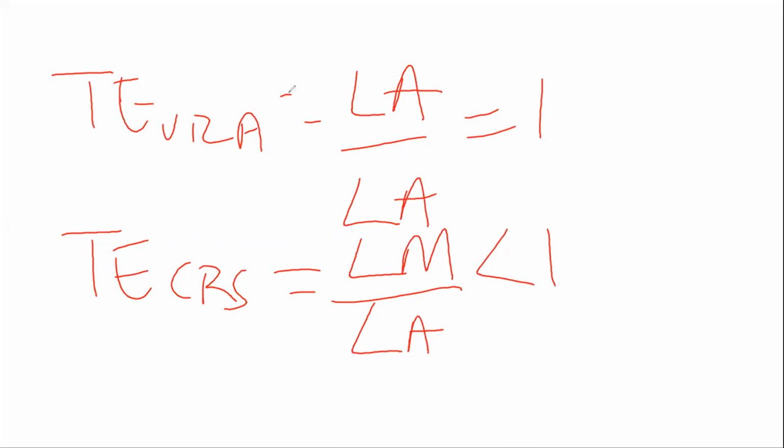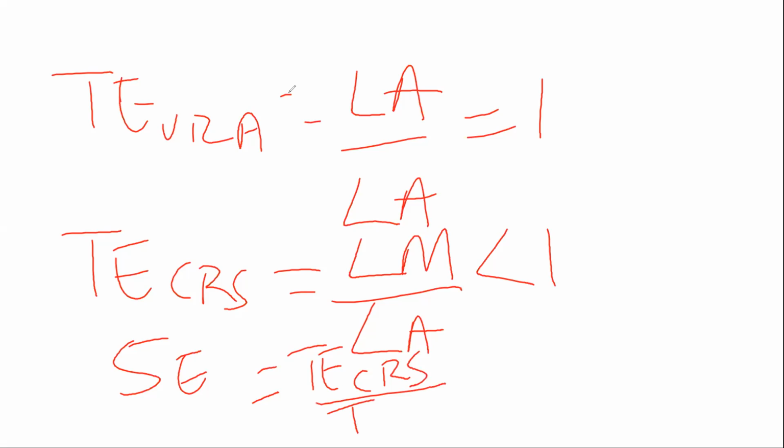Scale efficiency is given by the technical efficiency of the CRS divided by the technical efficiency of the VRS. Now, what is the technical efficiency of the CRS? It is LM over LA. So let's write that.